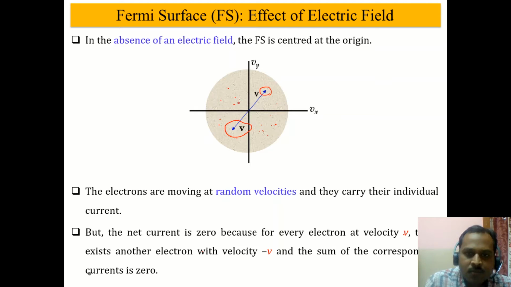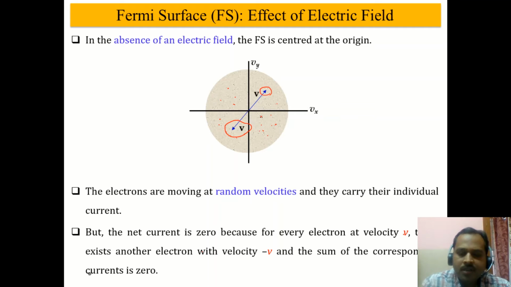This is why, even though all the free electrons are moving at different random velocities, the net current inside the metal in the absence of an electric field is 0, because each velocity has another pair. They exist in pairs, with the same magnitude but different directions, so they cancel each other and the net current is 0.